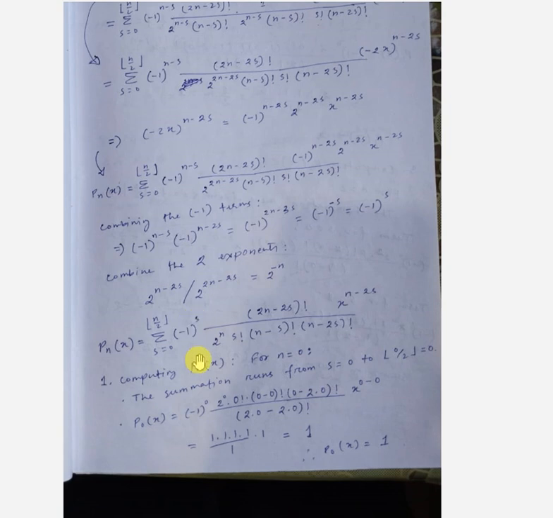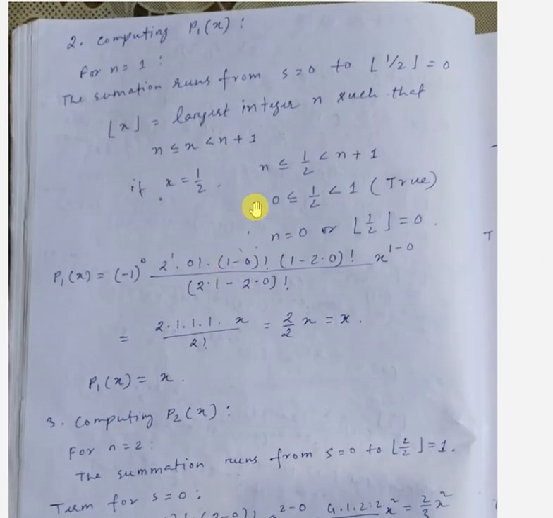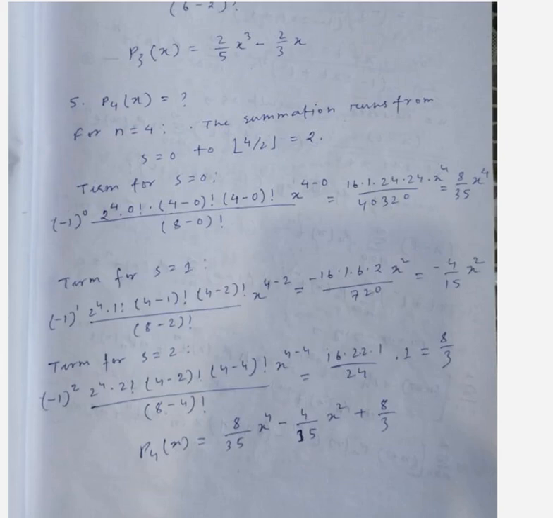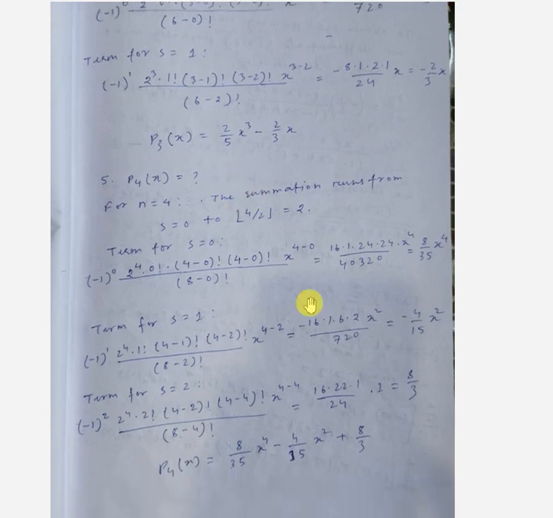This term will be 0, so 0 means 1, and x to the power n, this term will also be equal to 0, s will be 0, n will also be 0, so 0 combination 0 is 1, 0 combination 1 is, 3 to the power 0 is 1. So we can compute all of these like that: P1, P2, P3, P4.